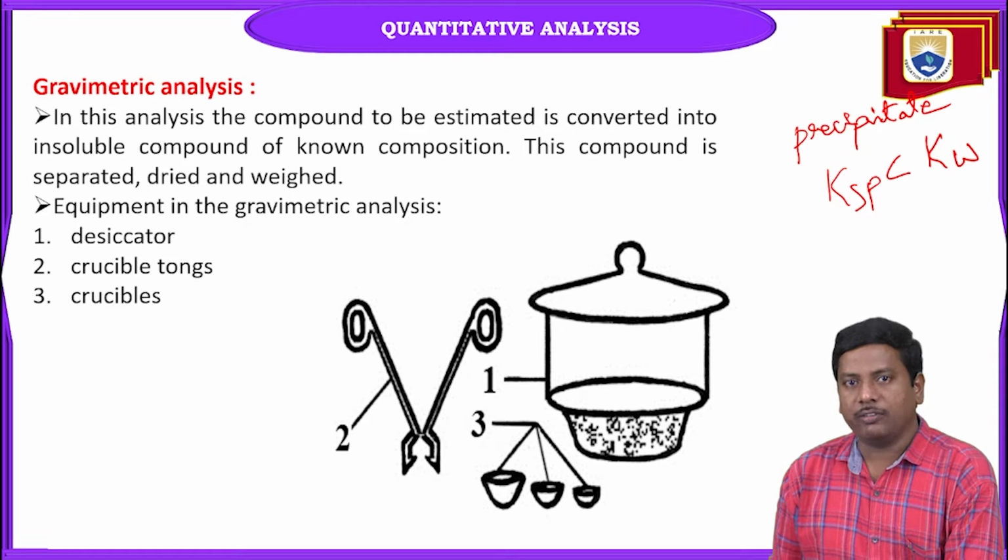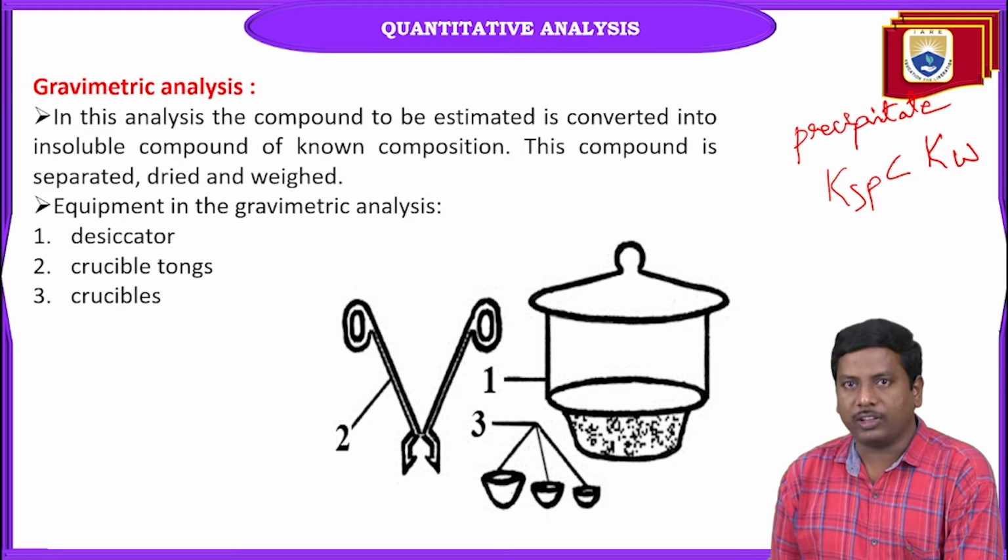After that, it is weighed. Weighing takes place by using a simple analytical balance. These are the main steps involved in gravimetric analysis. First of all, the compound is converted into an insoluble compound. Insoluble compound means precipitate, and the condition for the precipitate is that the solubility product of the substance is less than the ionic product.